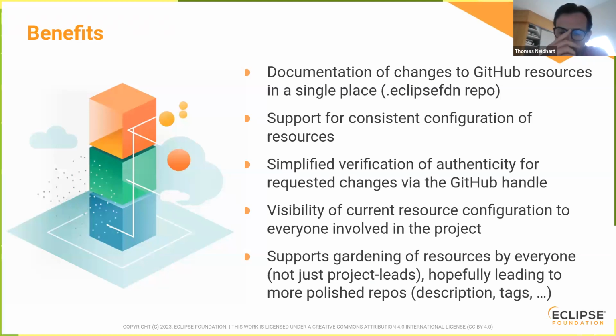So as I already said before, there are some benefits of this approach, of course. One of the benefits that maybe some people miss sometimes is with this approach, you have a single source of truth of all the changes with regard to resources on a GitHub organization, and it's fully documented. And so every request for a change or addition of a resource is documented with a pull request.